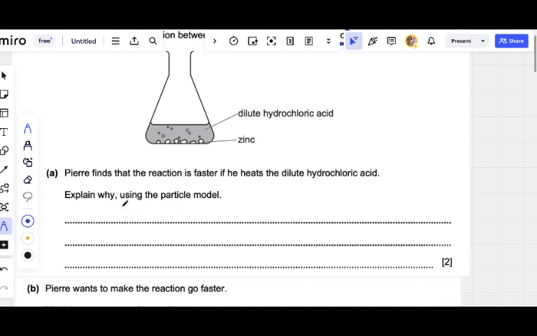So hot acid breaks the particles faster. It breaks the bond of the zinc atoms faster.